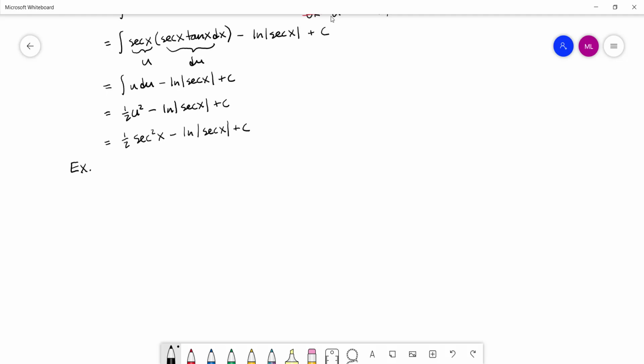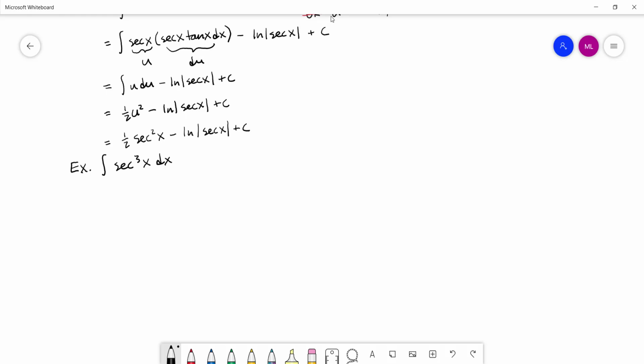Okay, so for our last example, I want to do the same thing. We just integrated tangent cubed. I want to now integrate secant cubed of x dx. How do we integrate secant cubed? This one is a tricky one. This one is really, really tricky.